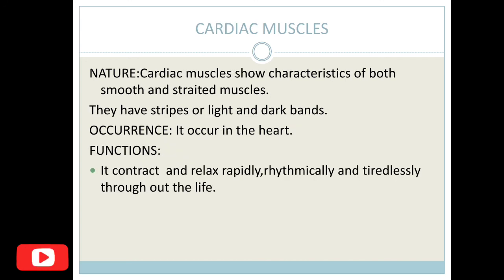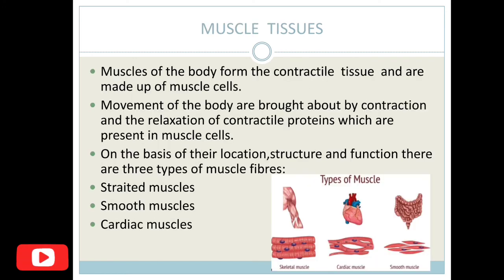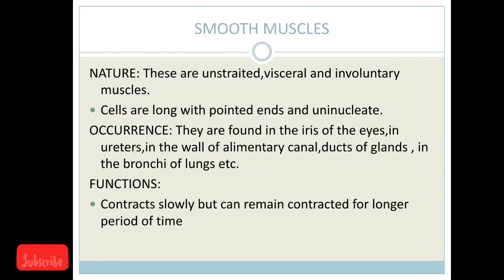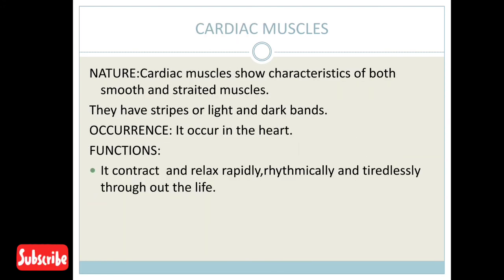And the last type of muscles is the cardiac muscle. From the name itself, we know where this cardiac muscle is found. It is found in the heart. This cardiac muscle shows characteristics of both the smooth and the striated muscles. You can see here in the picture these cardiac muscles, and they have some light and dark bands. The main function is that it contracts and relaxes rapidly, rhythmically and tirelessly throughout life.